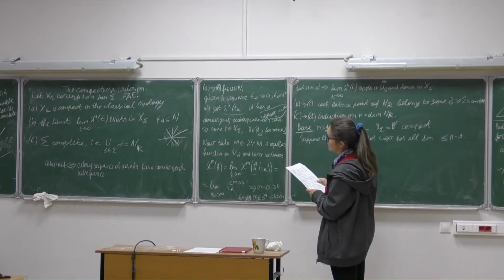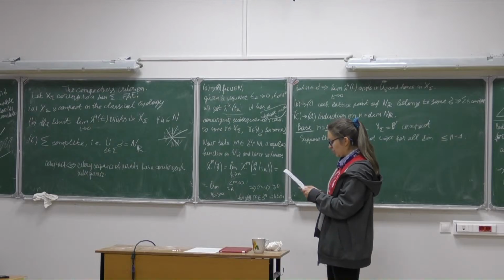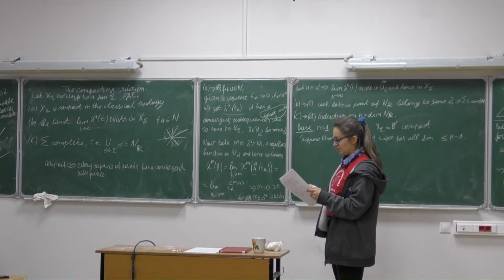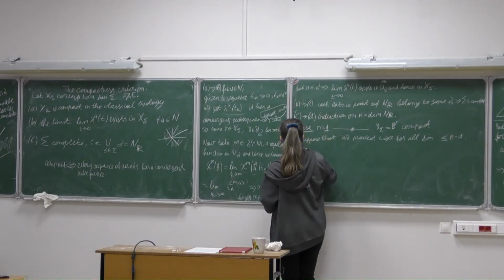We take a sequence in our variety x sigma, and we want to find a convergent subsequence.